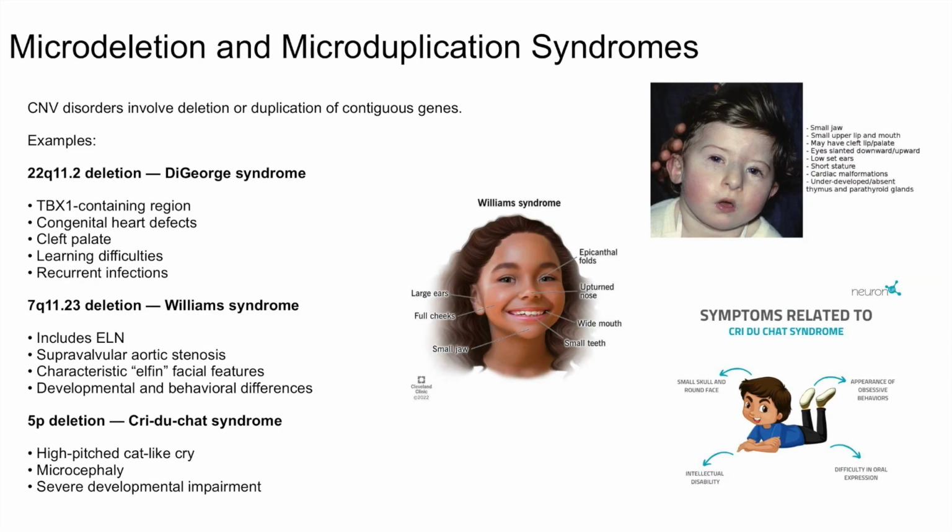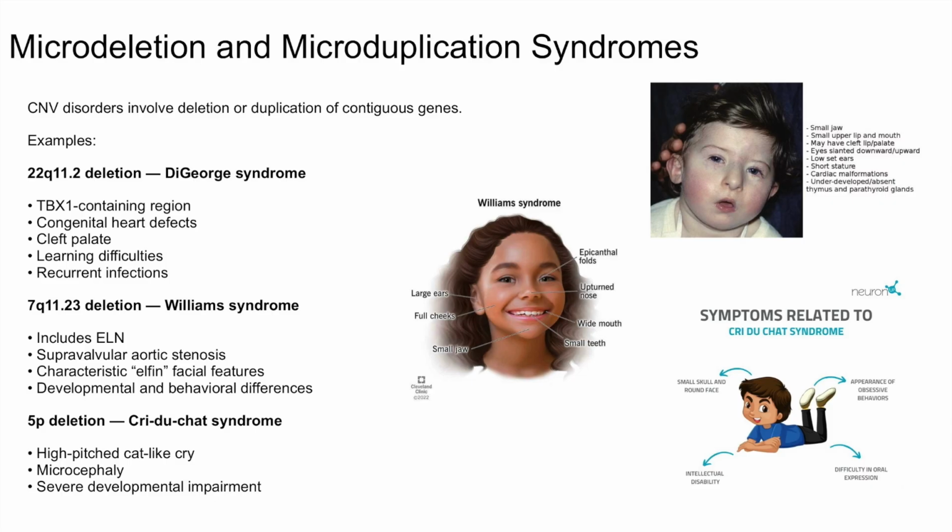Microdeletion and microduplication syndromes are copy number disorders involving several neighboring genes. 22q11.2 deletion causes what's called DiGeorge syndrome and may produce congenital heart defects, palatal abnormalities, learning difficulties, thymic dysfunction with recurrent infection, and hypoparathyroidism. 7q11.23 deletion causes what's called Williams syndrome, and it includes loss of the elastin gene and is associated with supravalvular aortic stenosis, characteristic facial features, and a distinctive developmental and behavioral profile.